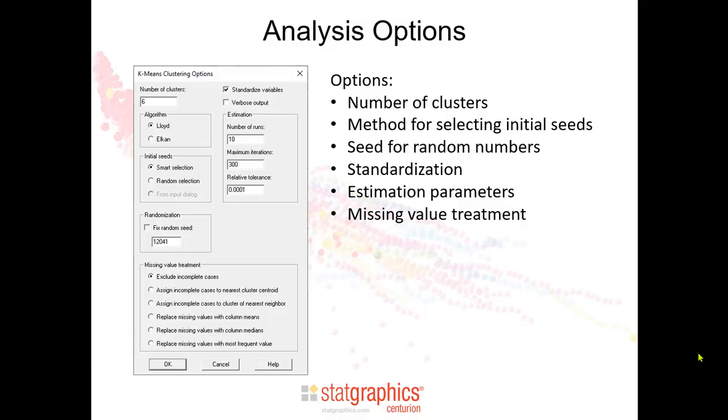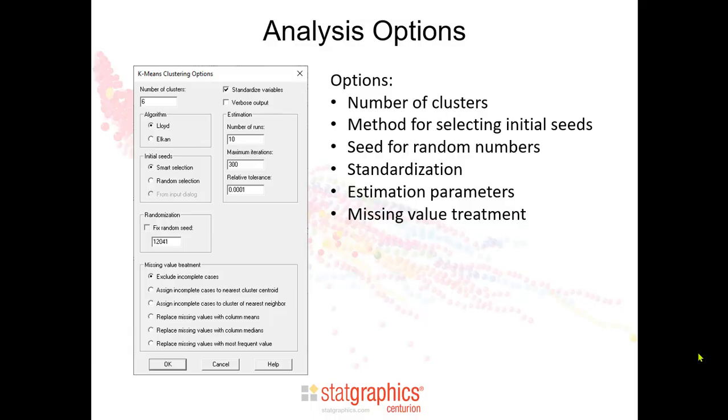In any clustering procedure in Statgraphics that involves some sort of random selection, you can ensure that you get the same results run after run if you fix that random seed to a specific value. There's a checkbox that specifies whether the data will be standardized before any distances are calculated.